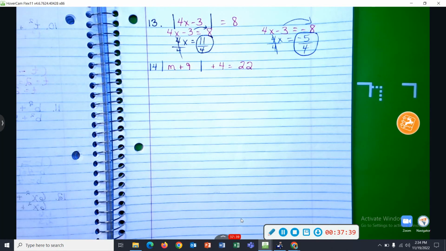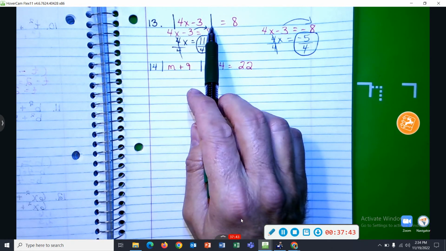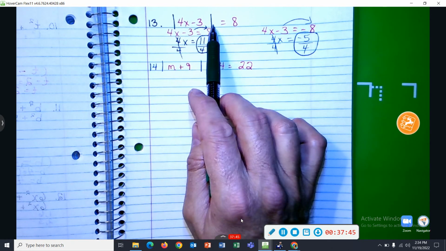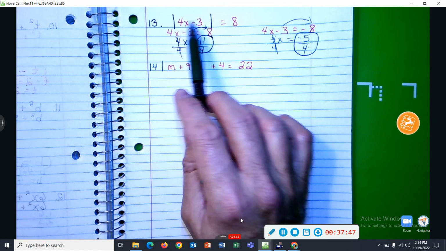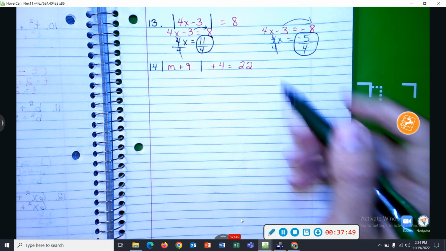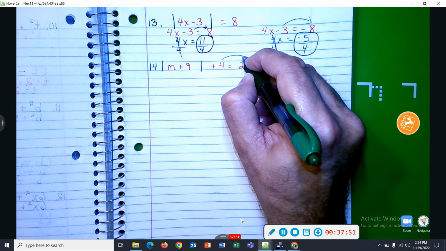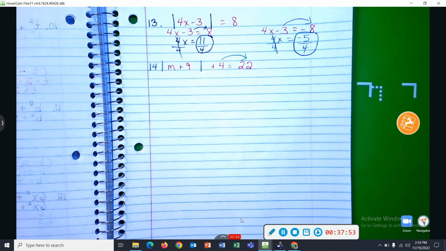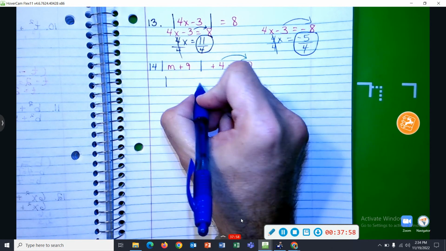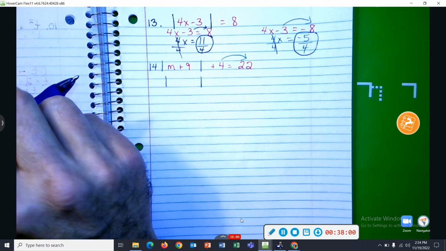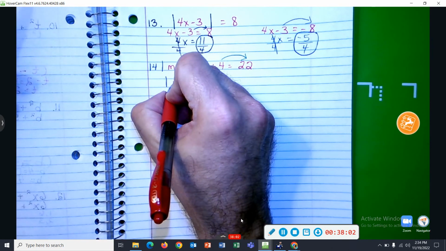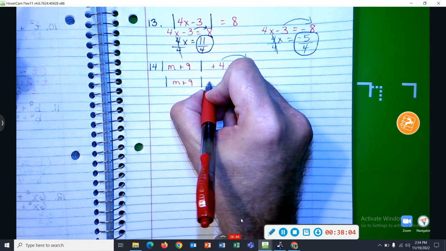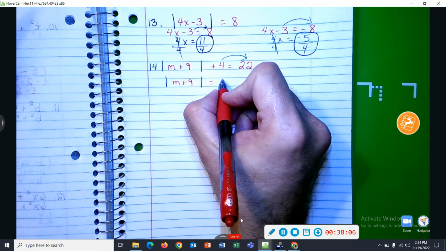Well, to solve an absolute value equation, you have to have those absolute value bars isolated, like on number 13. Here, I need to move that 4 over so my absolute value bars are by themselves. Then I'd have absolute value of m plus 9 equals 22 minus 4, 18.